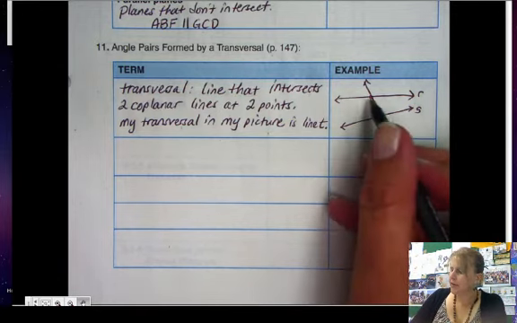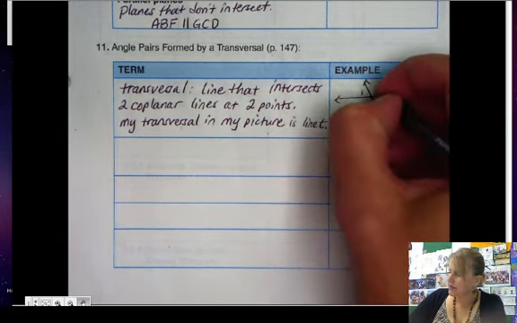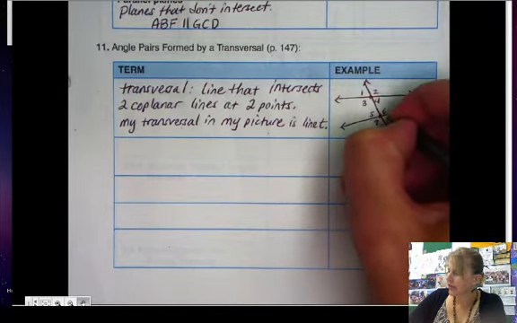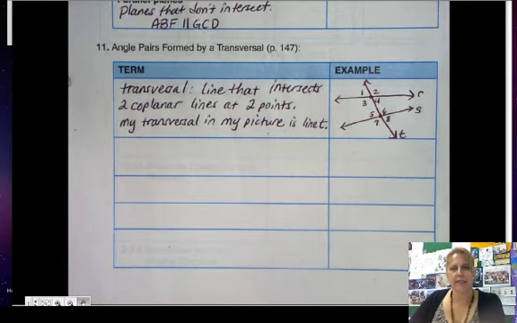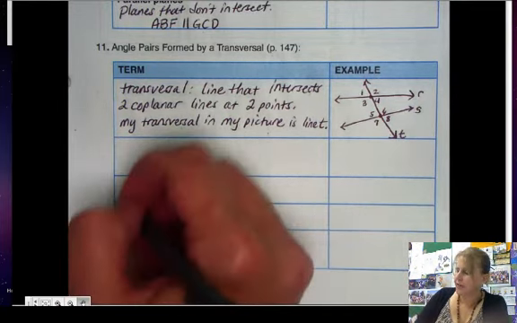Now you'll notice that we form 8 different angles here. So let's name those angles as 1, 2, 3, 4, 5, 6, 7, and 8. So we have 8 different angles, and these angles are angle pairs, and there are 4 different angle pairs.